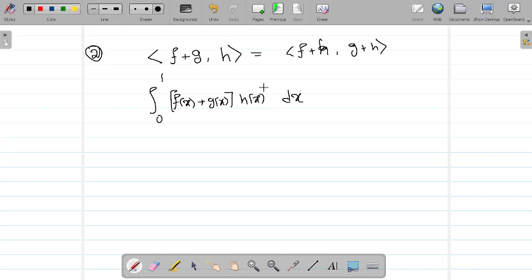So using that we can write them separately as two integrals. But let me write this first, f of x into h of x into dx. I'd like to separate here itself: integral 0 to 1 f of x into h of x into dx plus integral 0 to 1 g of x into h of x into dx. So this equals inner product of f and h plus inner product of g and h. That's it. We proved the second condition.